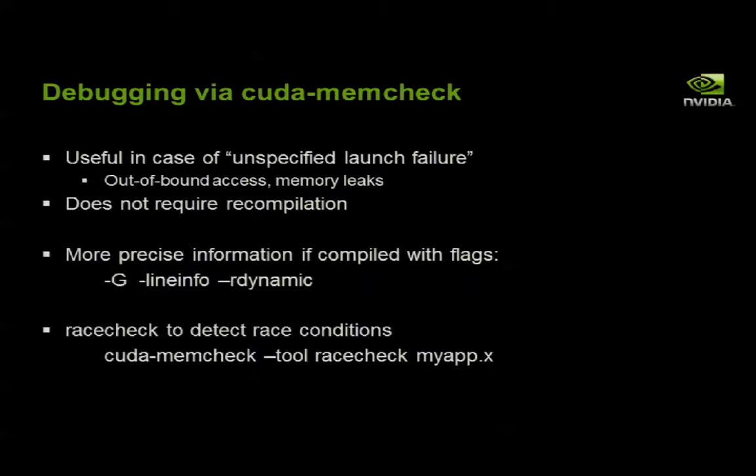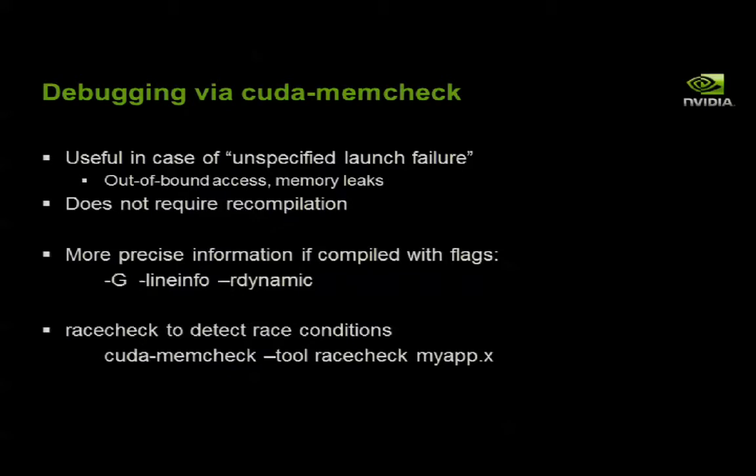First, for the CUDA MemCheck, one of the errors that you might find when you're writing CUDA code is that you're launching a kernel, and CUDA will report an unspecified launch failure. And that's pretty close to a seg fault on the host code. So those are oftentimes fairly hard to find where exactly it happens.